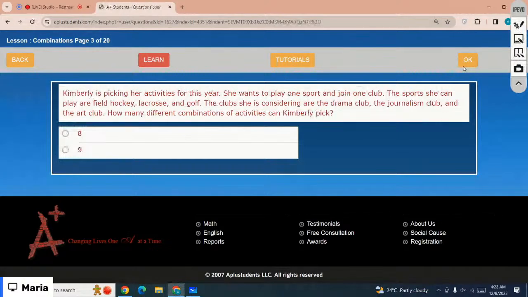Okay, Kimberly is picking her activities for this year. She wants to play one sport and join one club. The sports she can play are field hockey, lacrosse, and golf. The clubs she is considering are the drama club, the journalism club, and the art club. How many different combinations of activities can Kimberly pick? So, which is the correct option?